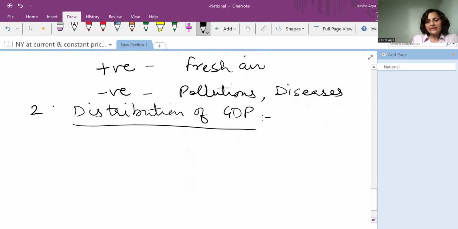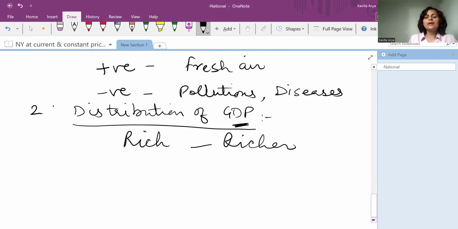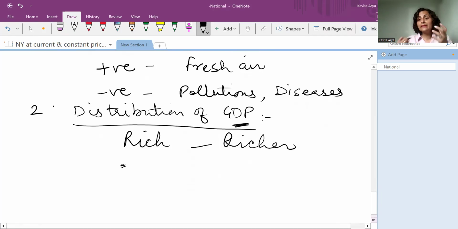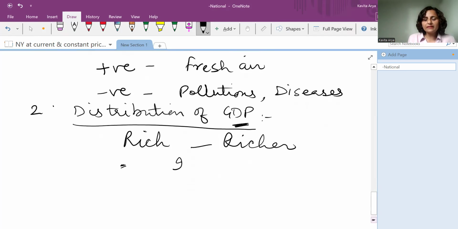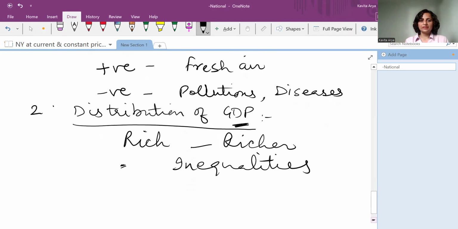Many a times it is seen that a rise in this GDP is making the rich richer, but there is no impact, at least no good impact, on poor sections. In fact, it is increasing the inequalities in the economy. So we say that an increase in GDP would not always be the welfare quotient in the society.